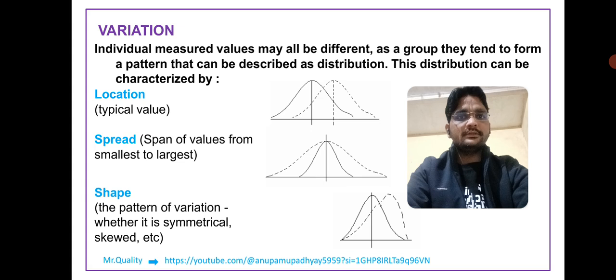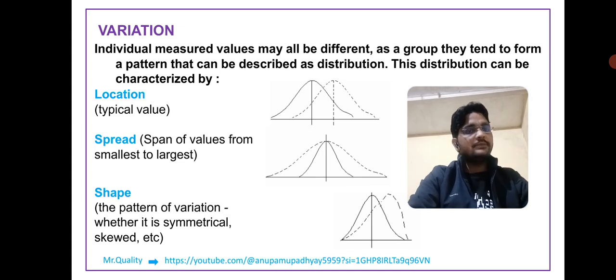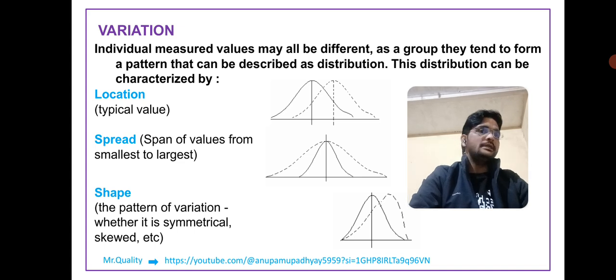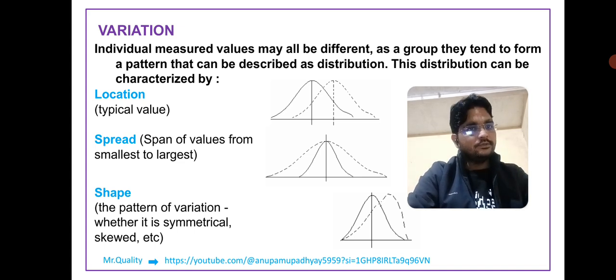First is variation. Individual measured values may all be different. As a group, they tend to form a pattern that can be described as a distribution. The distribution can be categorized by, first, location, which means the average or arithmetic mean of the measured values is different.